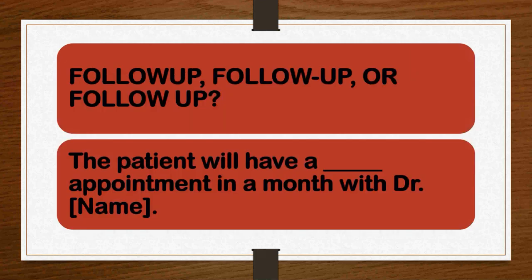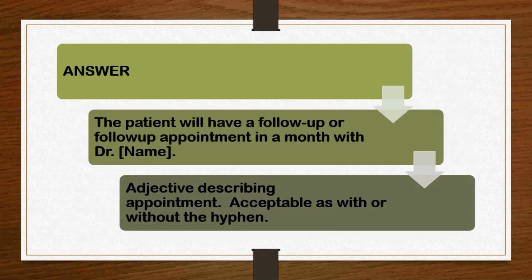One more I have. The patient will have a follow-up appointment in a month with Dr. Name. One word, hyphenated, or two words? Okay, I think that's everybody. And it is acceptable with a hyphen or without the hyphen, but it would be one word.